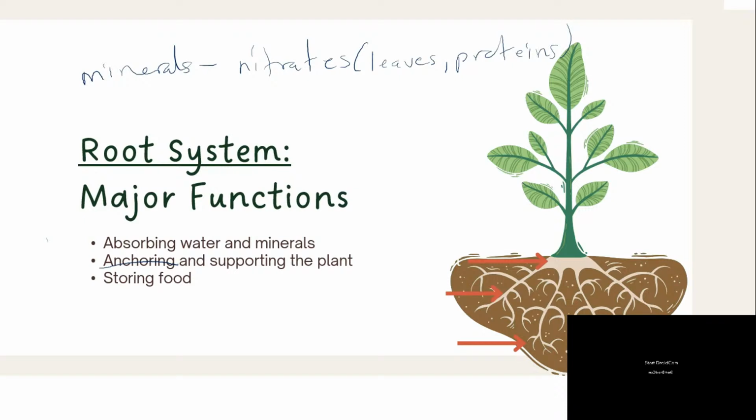Some of these carbohydrates are stored in the roots. You'll notice that some roots, for example sweet potatoes or general tubers, have these fleshy roots which are eaten, maybe also cassava and yams, right? So the food is stored there.